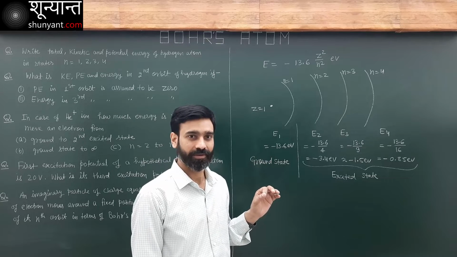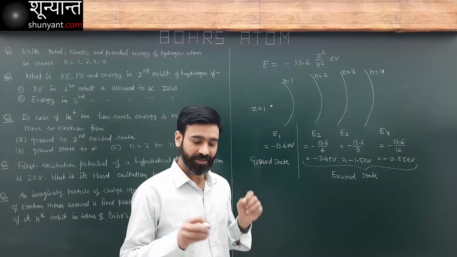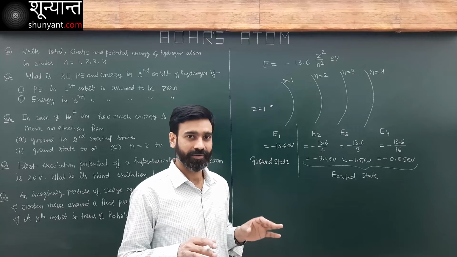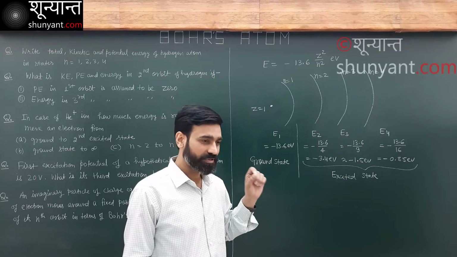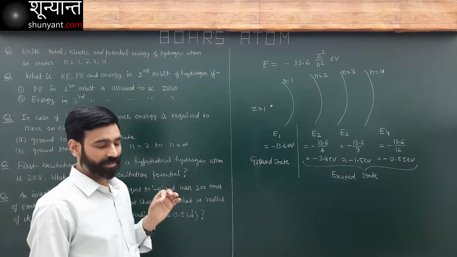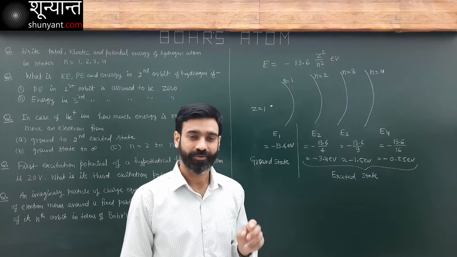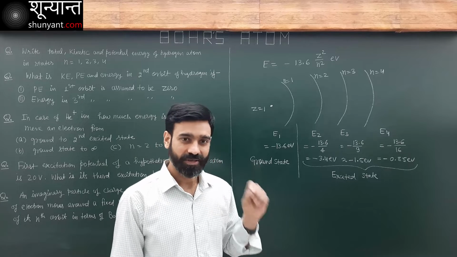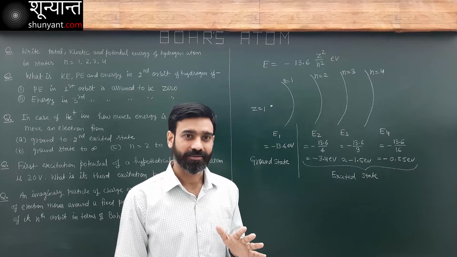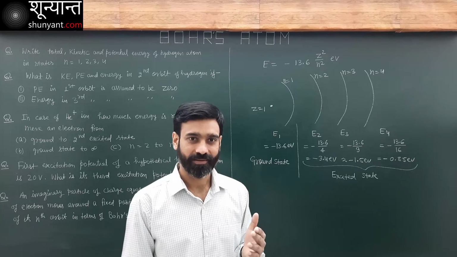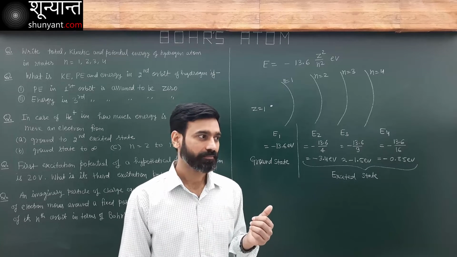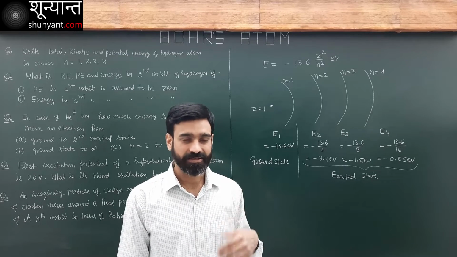So if I have a relaxed atom, with no excitation at all, in which state will it be? It's a hydrogen-like atom, that means a single electron system, only one electron. In which state will the electron be found? Every system in nature tries to find stability. Try to correlate stability with energy. The more the energy, the less the stability.